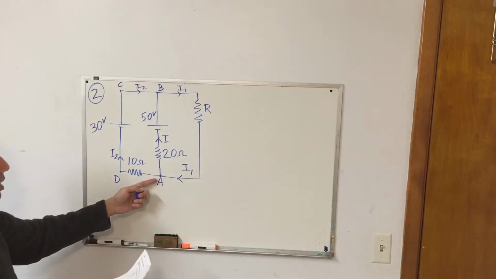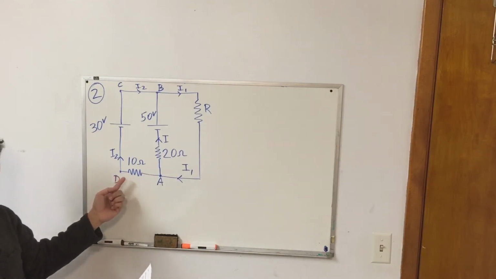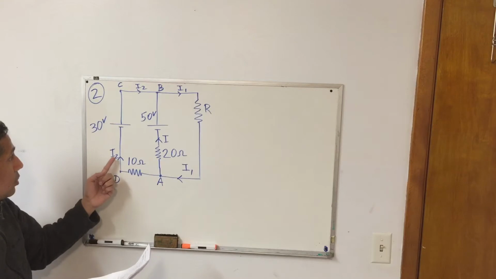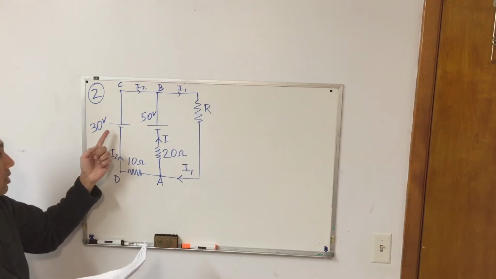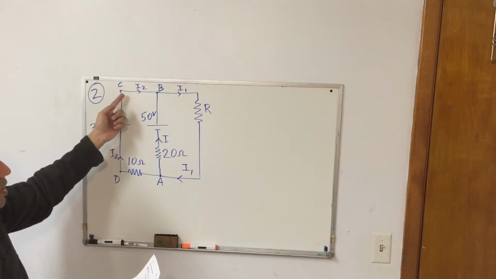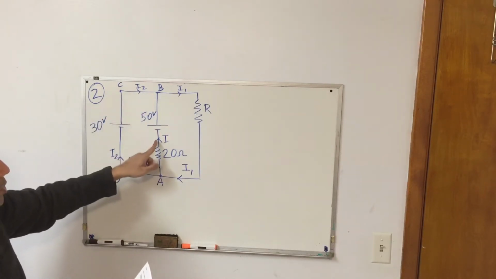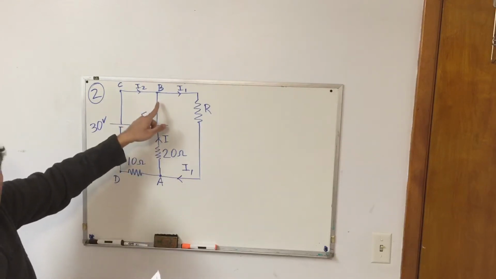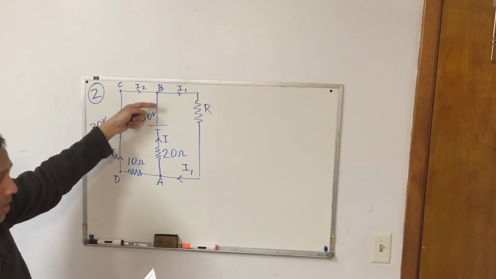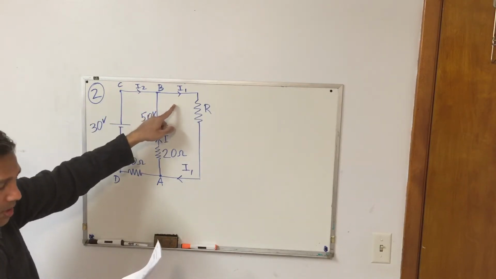So there should also be some other current flowing through this branch, which I shall call I2. This current I2 traverses the 30 volt battery, and then proceeds to C and then to B. At junction B, you have a current I entering, another current I2 entering, and a current I1 leaving.